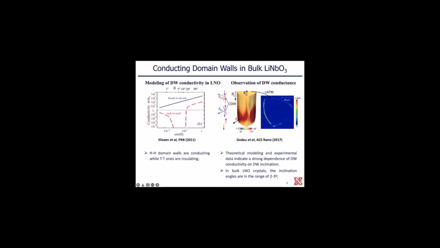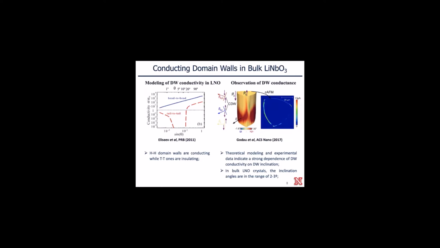If you then move to lithium niobate, it's a classic ferroelectric material with trigonal symmetry, where polarization aligns along the threefold z-axis, which gives rise only to two types of domains, antiparallel domains.